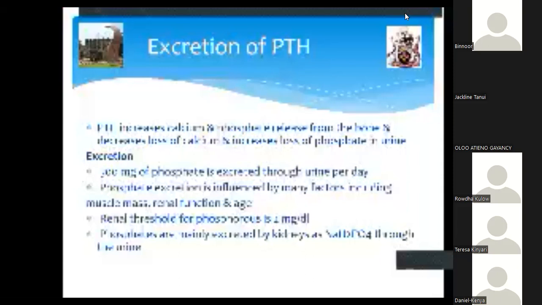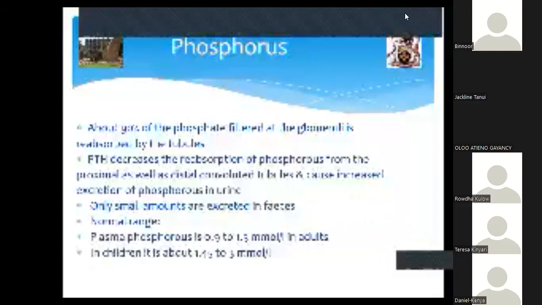Only small amounts are excreted in the feces. The normal range is about 0.9 to 1.5 millimoles per liter in adults, and in children it's 1.45 to 3 millimoles per liter. In children you have a higher normal range because of their developmental needs.